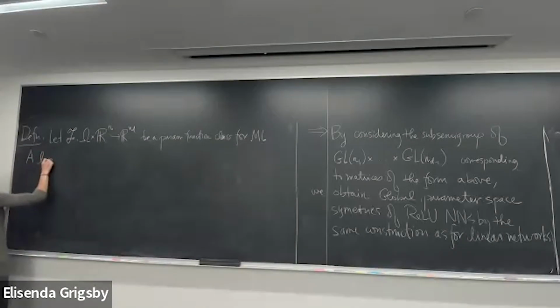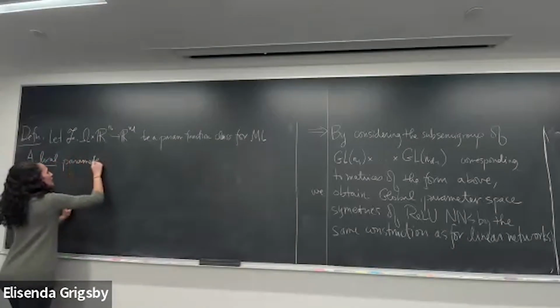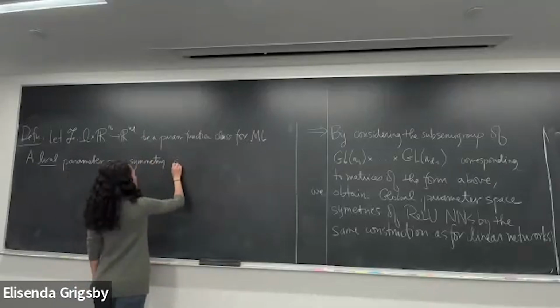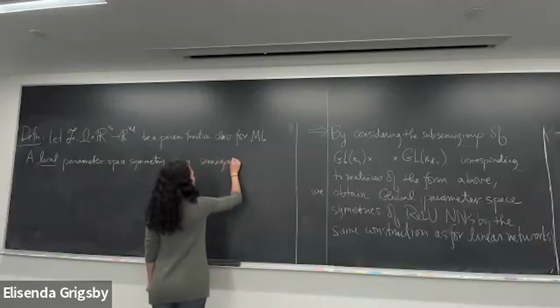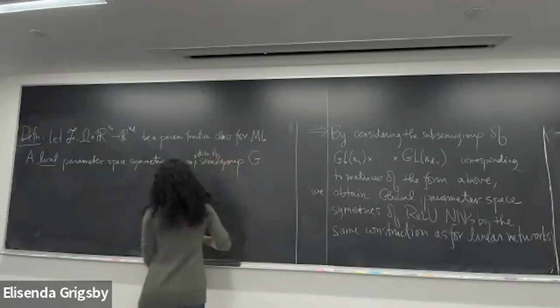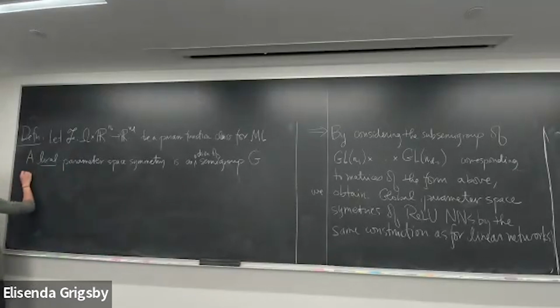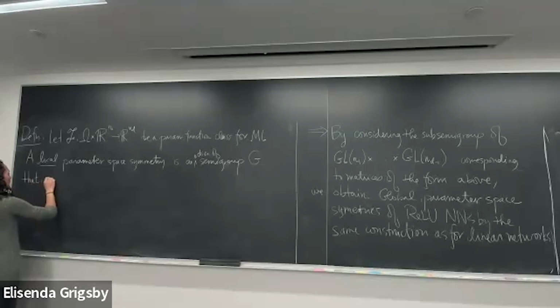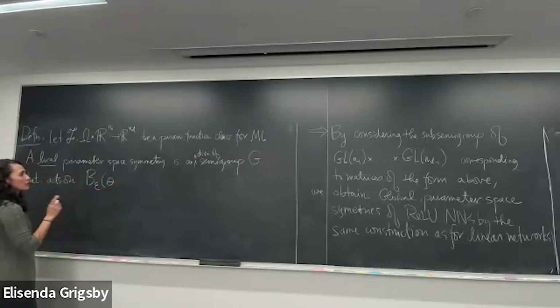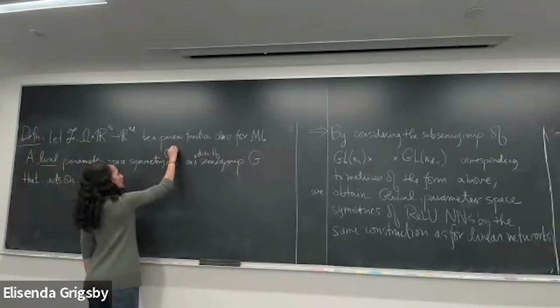A local parameter space symmetry is an action of a semi-group that only acts in some sufficiently small ball around the parameter.